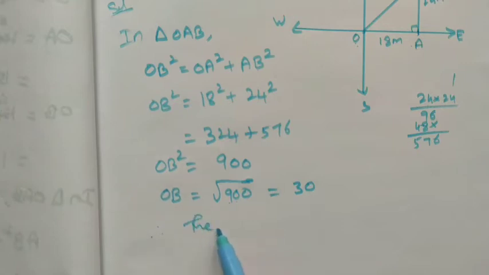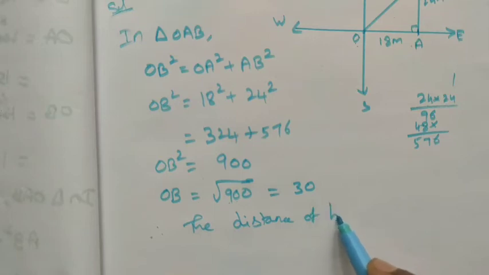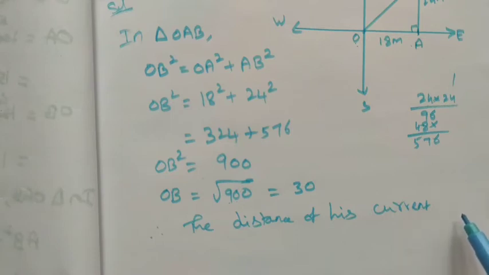Therefore the distance of his current position is 30 meter, right? Thank you students.